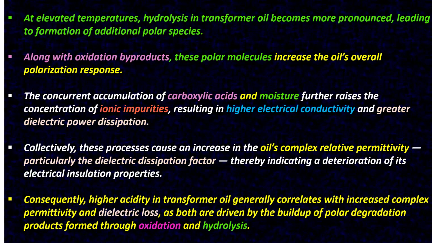At elevated temperatures, hydrolysis in transformer oil becomes more pronounced, leading to formation of additional polar species. Along with oxidation byproducts, these polar molecules increase the oil's overall polarization response.